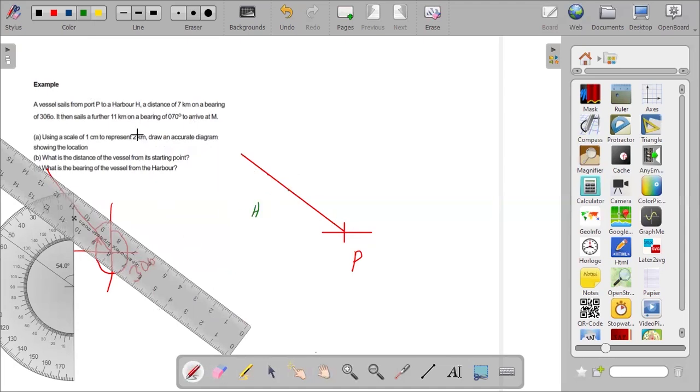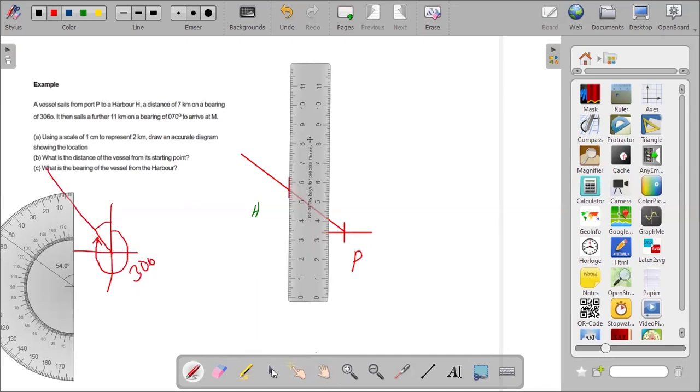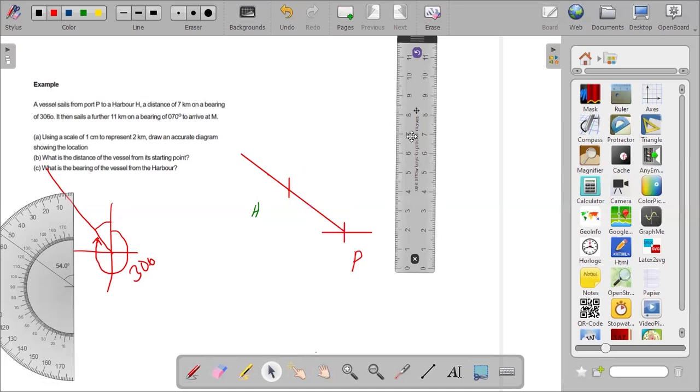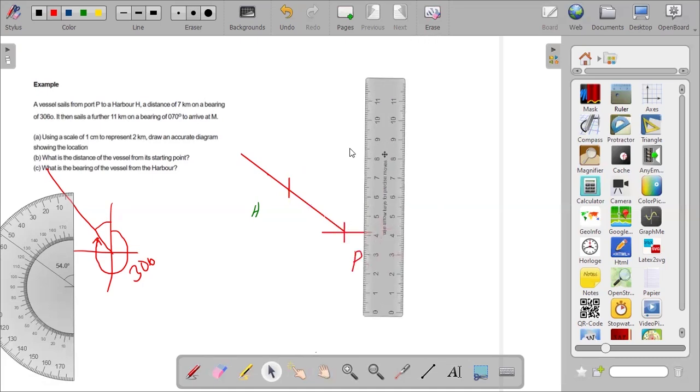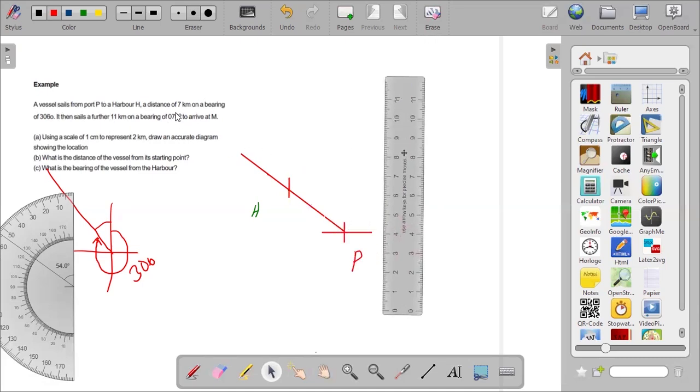Now, from point H, it then travels on a bearing. It says a further distance of 11 kilometers on a bearing of 70 degrees. We need to put a cardinal point there on harbor H. Then it's harbor H. And from this harbor H, it travels a distance of 11 kilometers on a bearing of 70. Remember that bearing goes where?